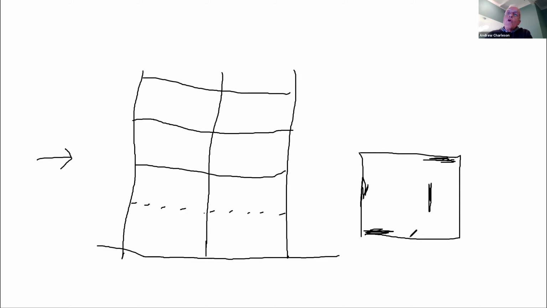And then all your columns can be high. So you can have this, but this might be a shear wall here. There's your shear wall. But this is open. And here are your columns.